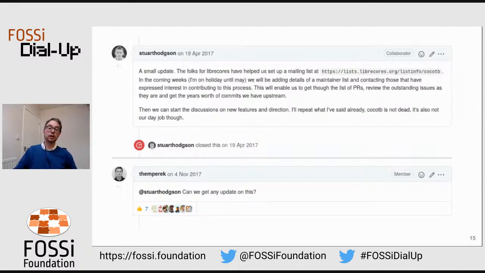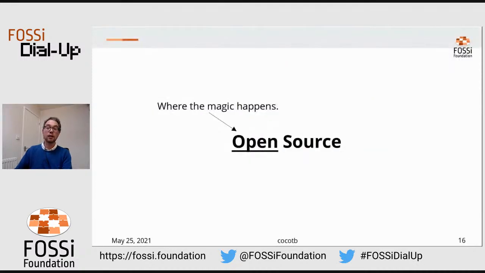And the rest of the talk now will be roughly about how we overcame that challenge initially, and then how we brought the community back together. Because it's important to know, we were talking about Cocotb being free to use, free to download, free to sell. That's the source code that you can download, that you can use, that you can sell, that you can distribute, that you can modify.